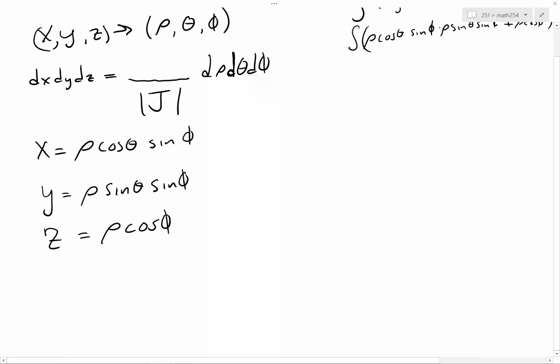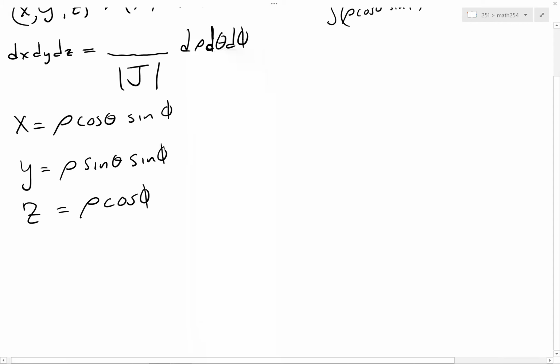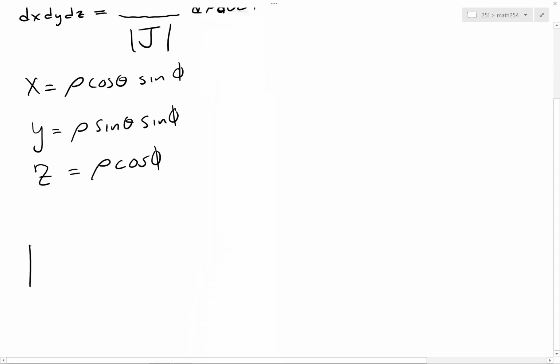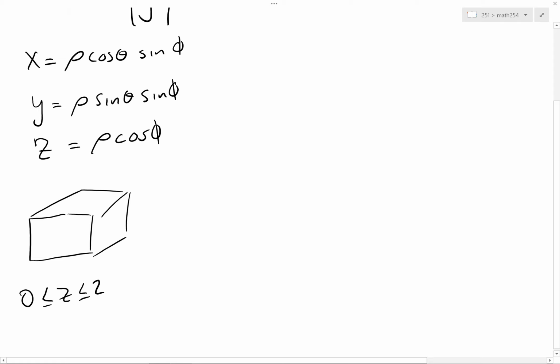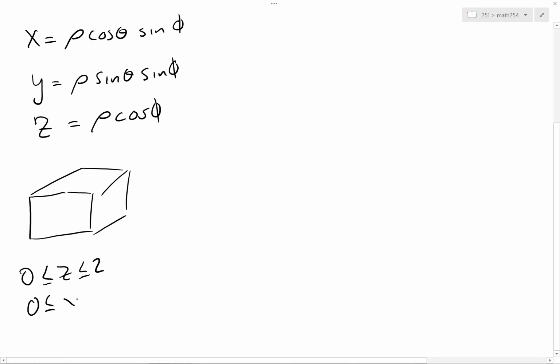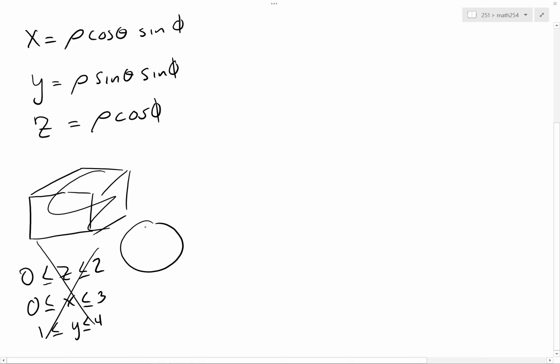Again, why would you go to spherical coordinate systems? Because instead of being able to integrate over some nice rectangular prism, where maybe my z's go from 0 to 2, my x's go from 0 to 3, and my y's go from 1 to 4, I'm going to be integrating over some spherical region.